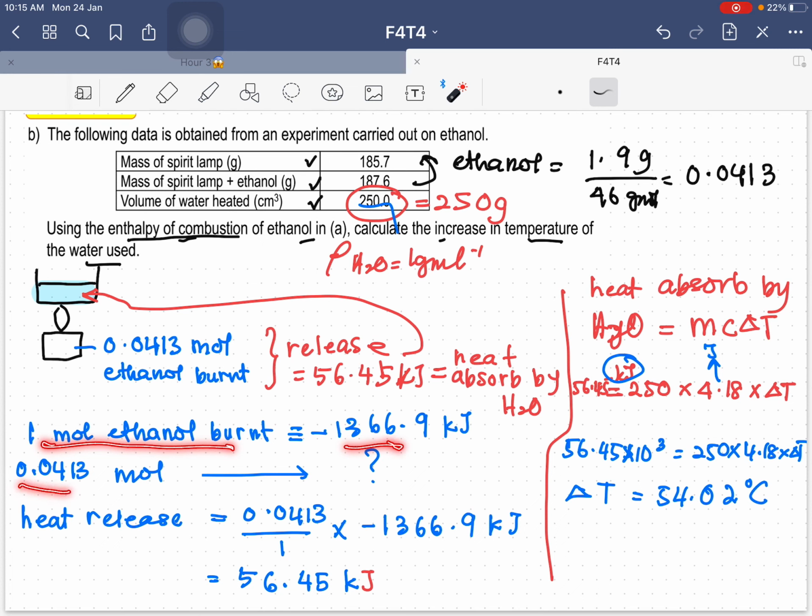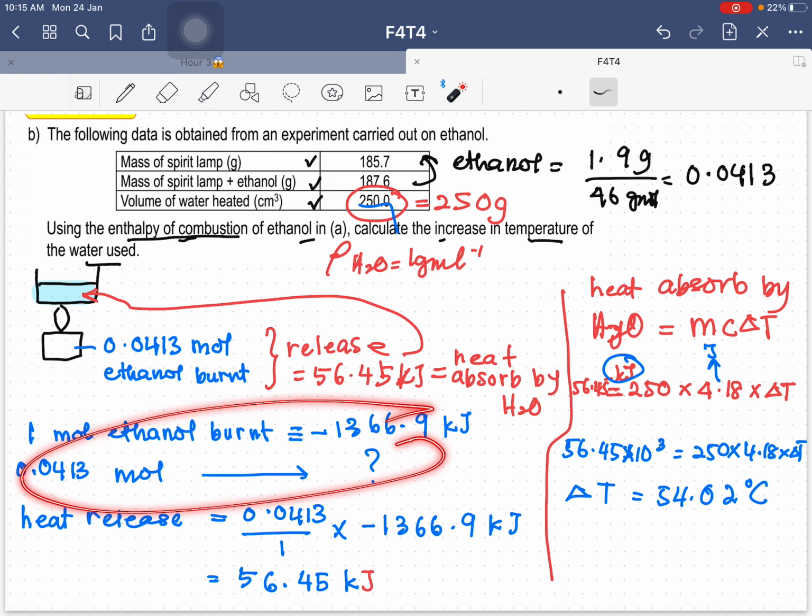If 0.0413 mole of ethanol burns, then how much heat is released? Using cross multiplication from this ratio, 0.0413 mole of ethanol burned will release 56.45 kJ of heat.